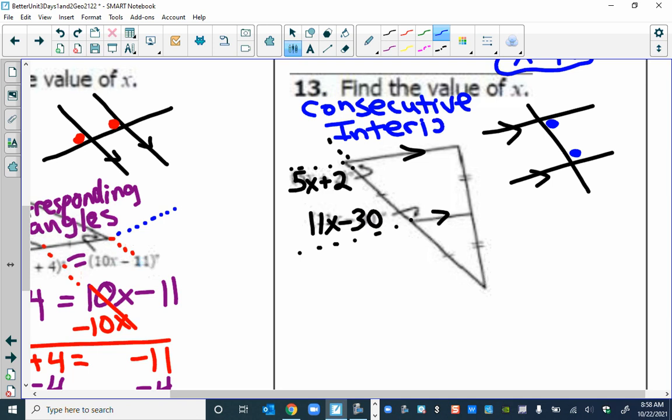Now, when we have consecutive interior angles, what's the relationship then between these two angles? So they're not going to be equal, but there's something else. What do we know about the sum of those two angles? The sum of the two angles must add up to how many degrees?